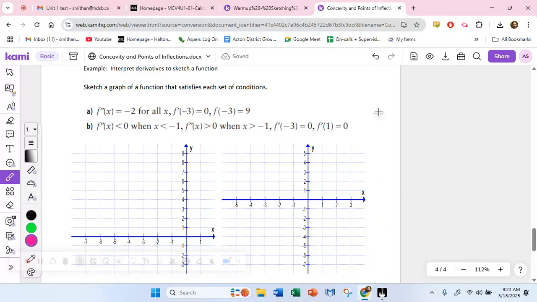Okay, I will give you this hint. Remember, the original function gives you y values. First derivative, slopes of tangents. Second derivative, concavity. So that's the hint I'll give you.